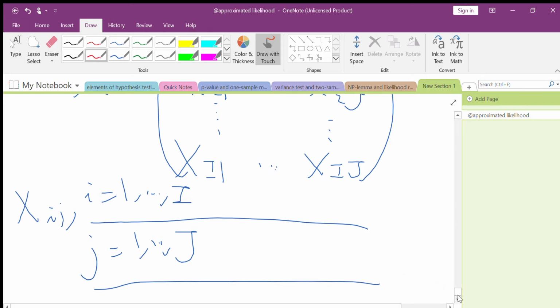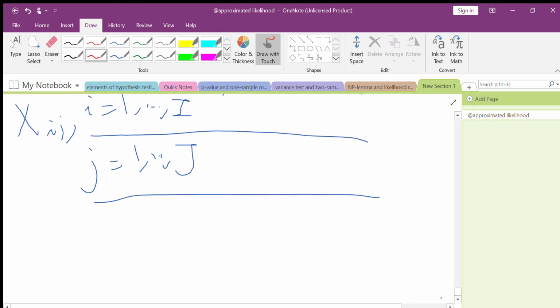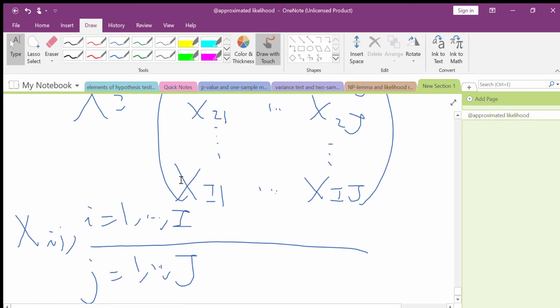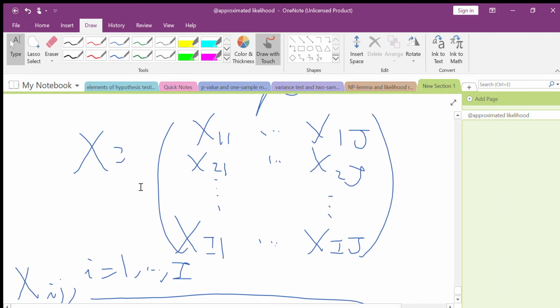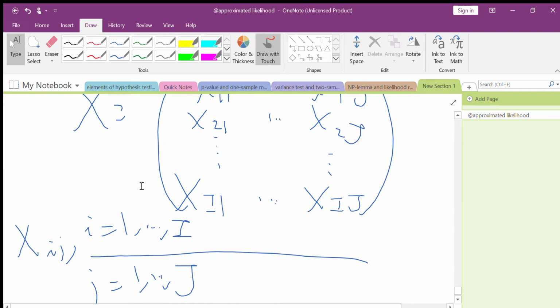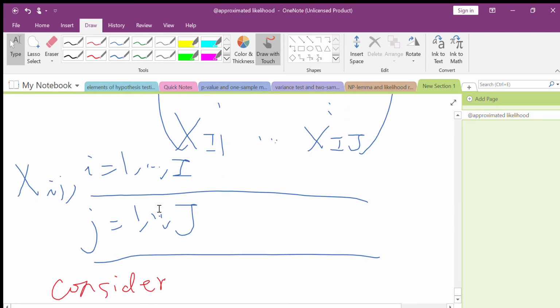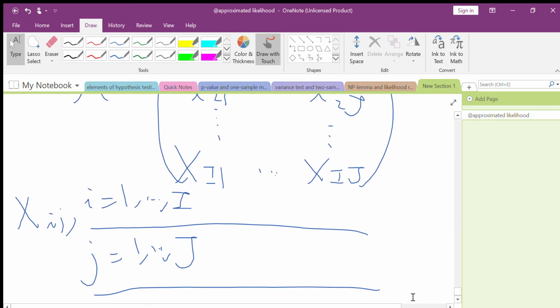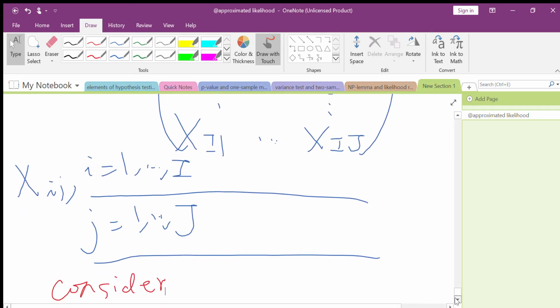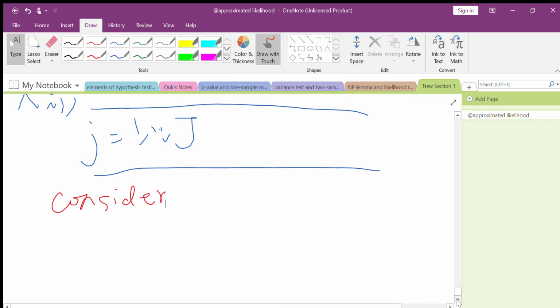In this independence testing scenario, consider there are two groups.